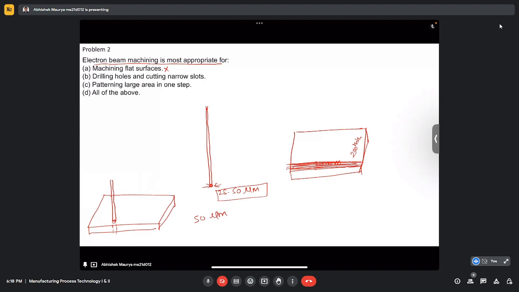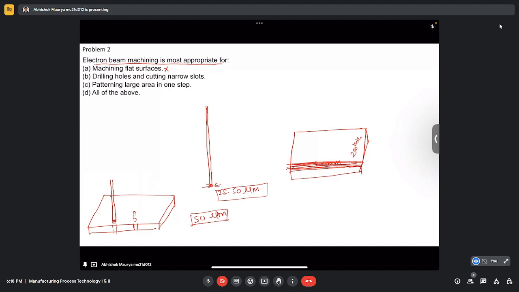So if the hole size is very small, then directly we can use the electron beam, and the material gets melted as well as vaporized, so the hole gets created. And remember that if the hole is very deep, then it will not be straight, some tapering will take place.